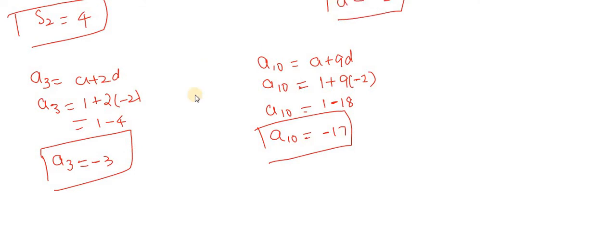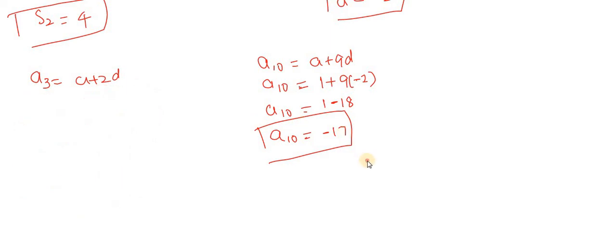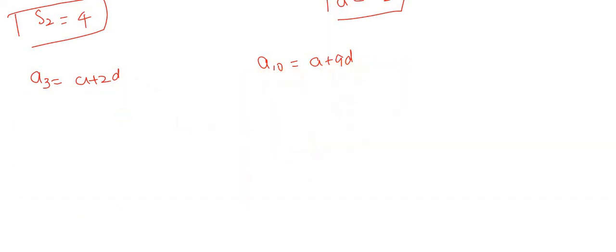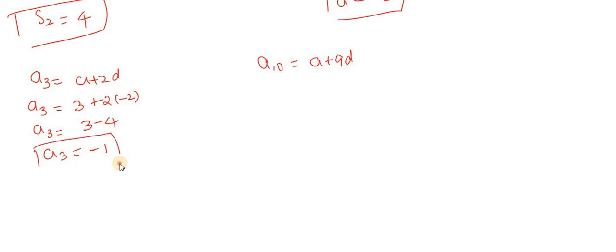So A3 is equal to 3 plus 2 into minus 2. Therefore A3 is equal to 3 minus 4, which is minus 1.